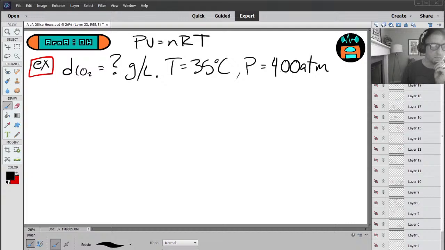We just used PV equals nRT to algebraically find the ratio of moles to volume, right?